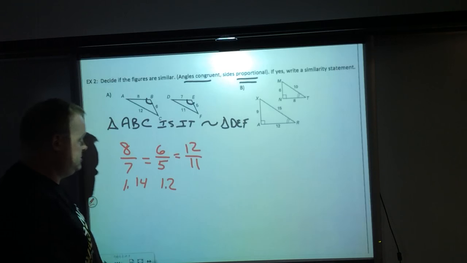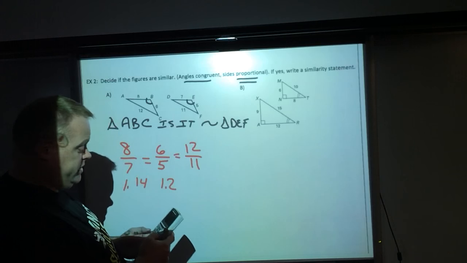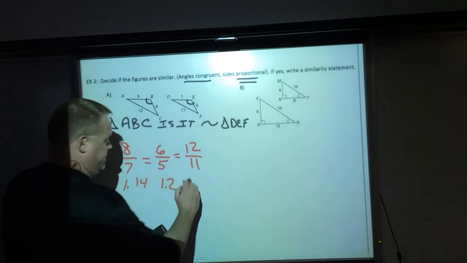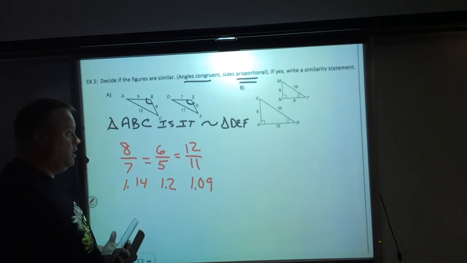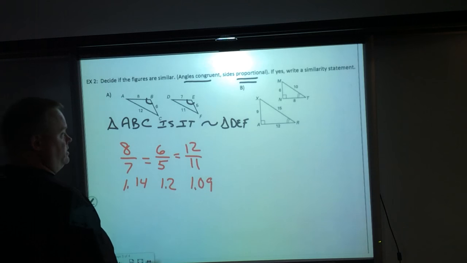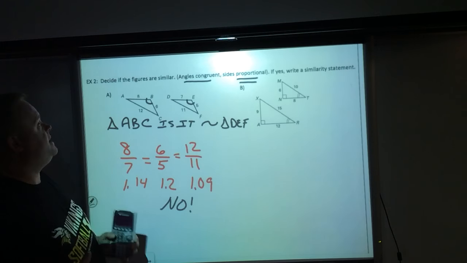Since these do not match, they're not similar. I'm going to go ahead and do 12 divided by 11, because that one is 1.09. Well, I've proven that these are not similar. So the answer to this is no. They are not similar.